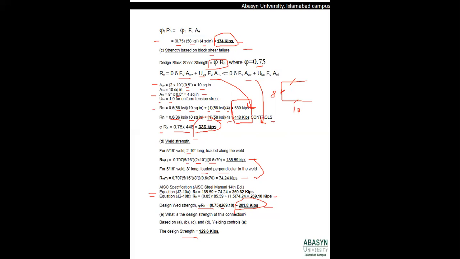But if the member fails in tension, the connection is going to fail. Therefore, our design controlling criteria are the yielding of the section, shear of the section, block shear of the connection, and the weld strength. Whichever value is smaller becomes the design strength. For this connection, it comes out to be around 130 kips.